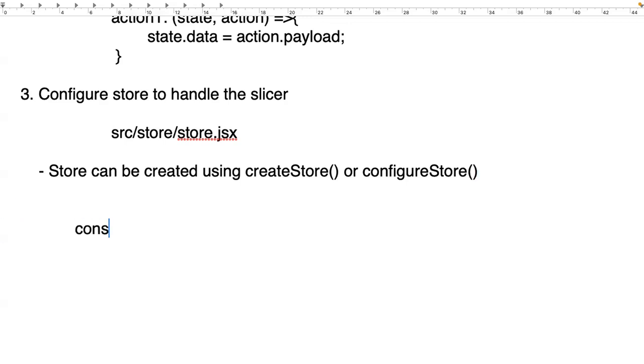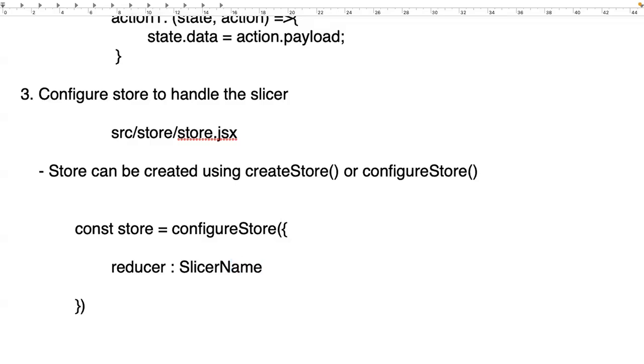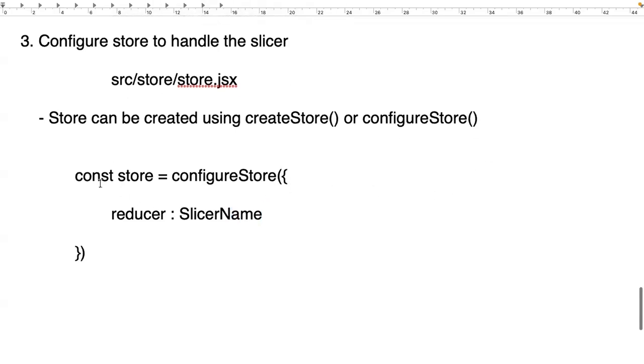We have a constant store equal to configure store, and this configure store uses reducer, and reducer is your slicer name. Reducer is inside the slicer. If it is maintained in a separate file, export.